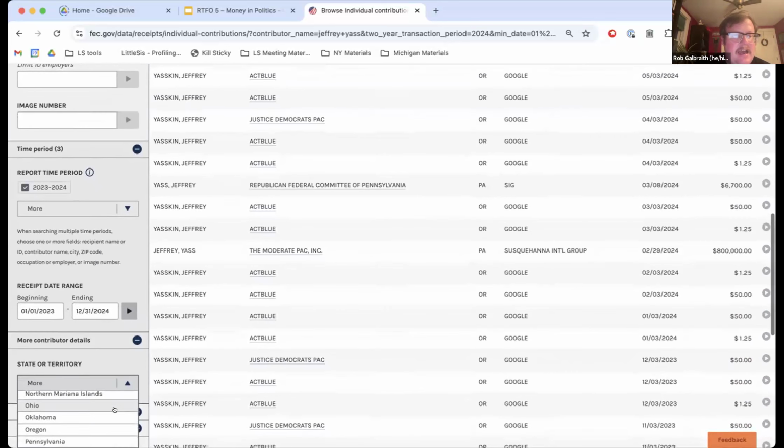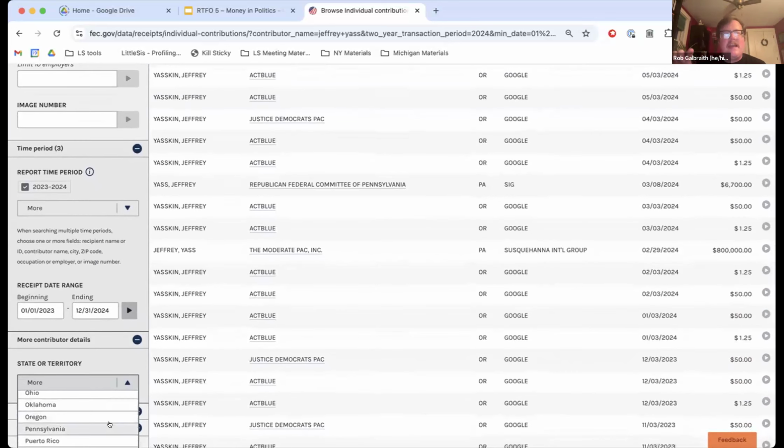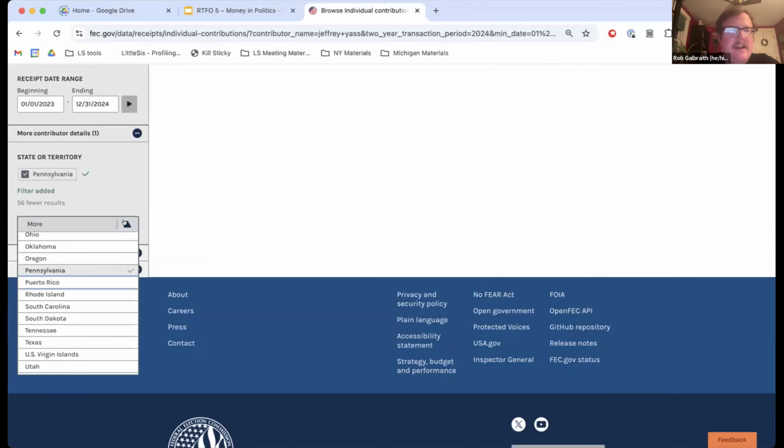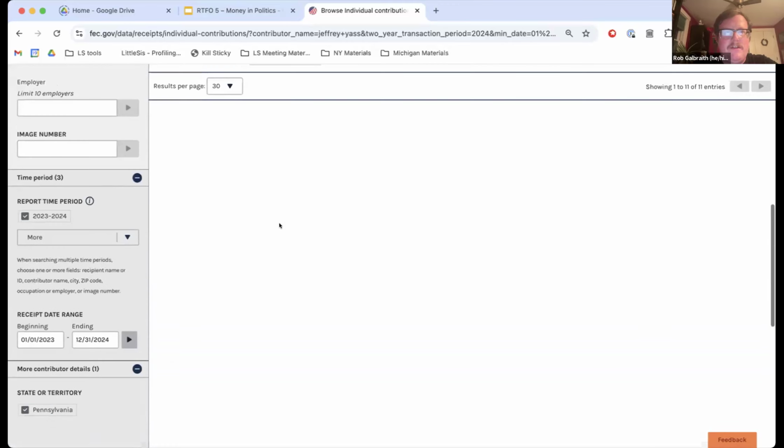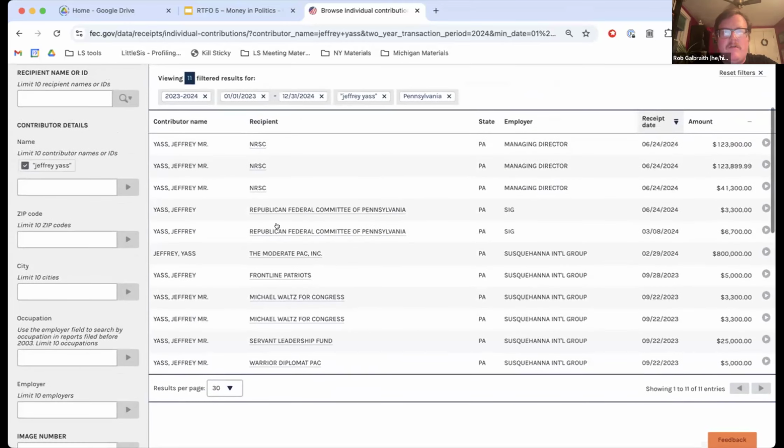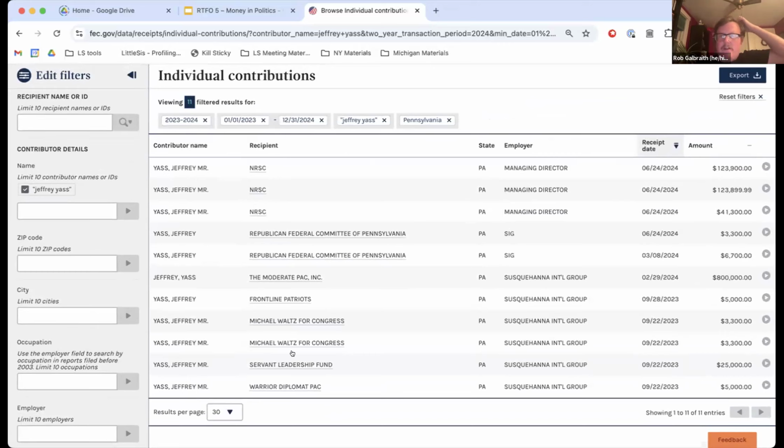And I think for every one of these categories, you can add up to 10. So you could search for only Jeffrey Yass donations from Pennsylvania and Florida, for example. For this, I'm just going to put Pennsylvania on there, and that says filter added, 56 fewer results. So now when I scroll back up to our results, we have these 11 donations, all from Jeffrey Yass, all from Pennsylvania addresses.